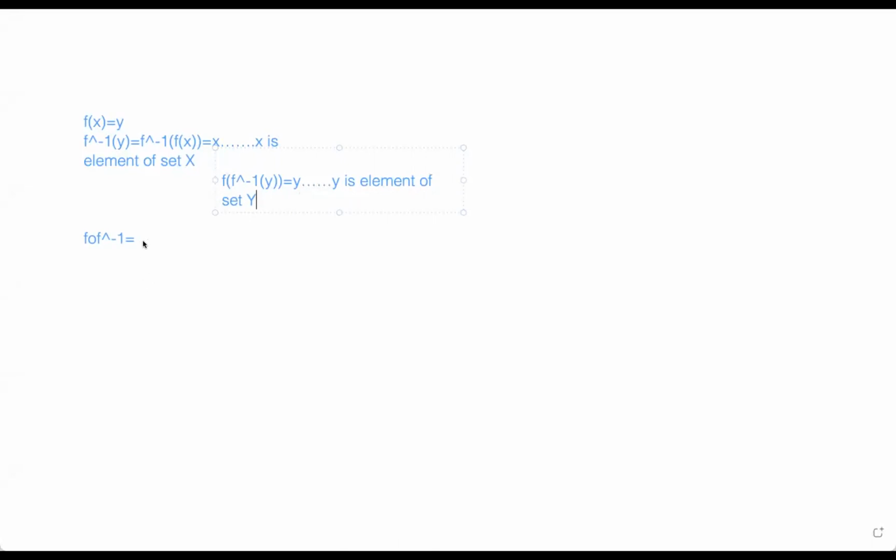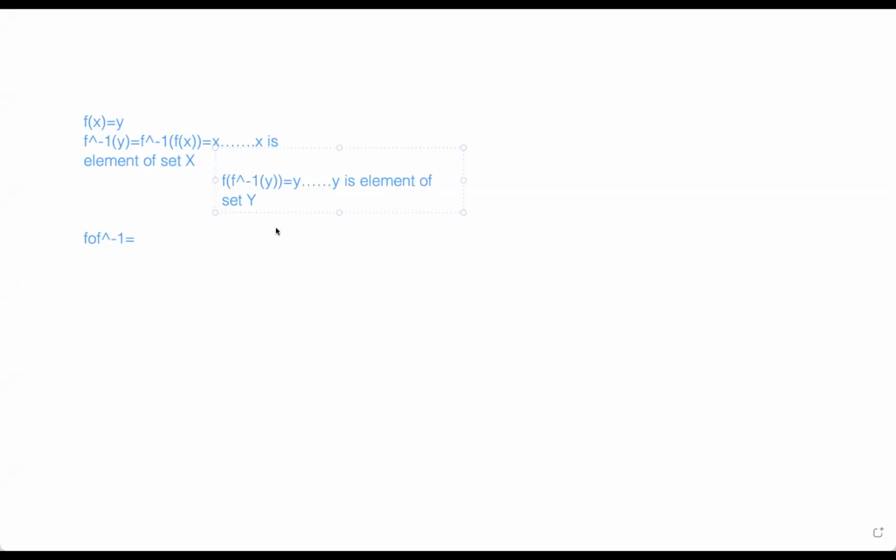Now what we want to do is f composite f inverse. What will it be? The composition of these two, f and f inverse, will be f of f inverse.